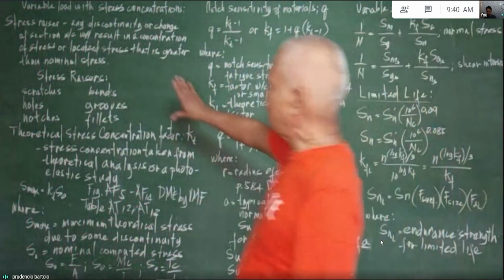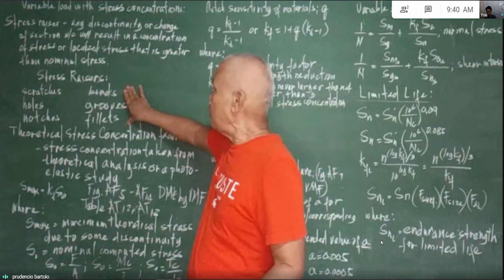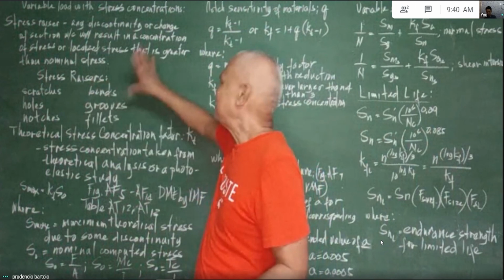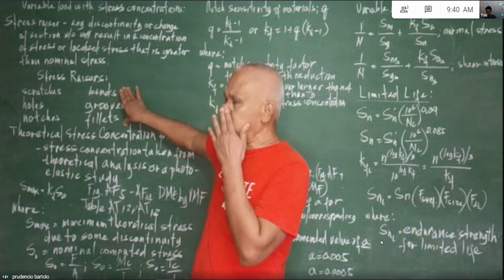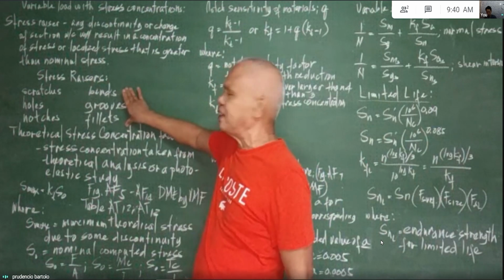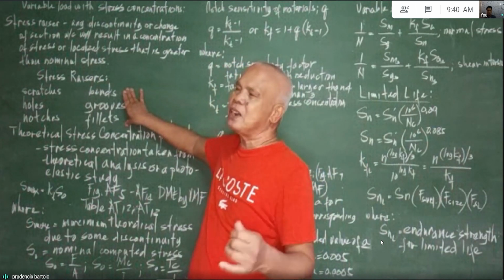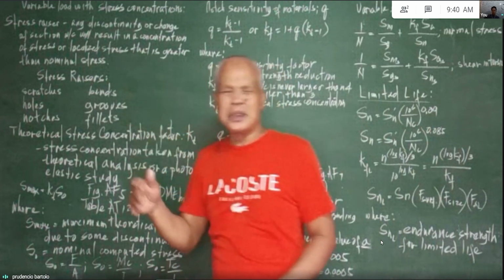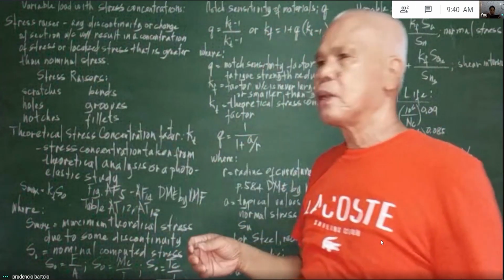So why don't we just remove these things so that we will not have stress raisers? But there is a necessity. There is a condition where we will need stress raisers to check whatever is needed in the design, for example, to remove some vibrations.